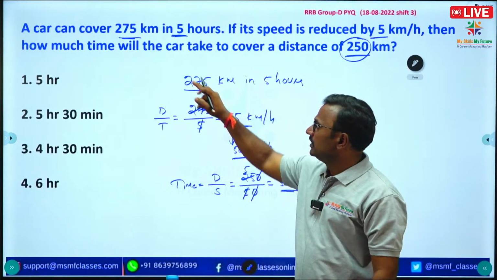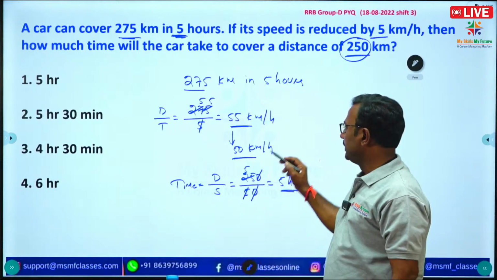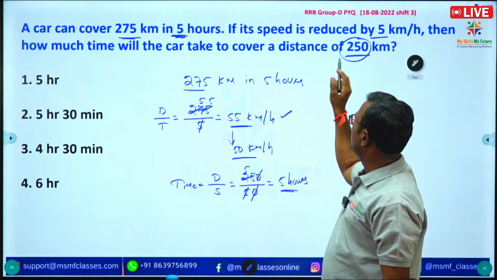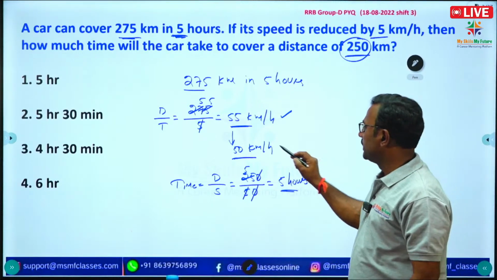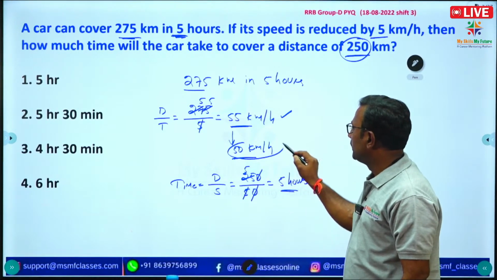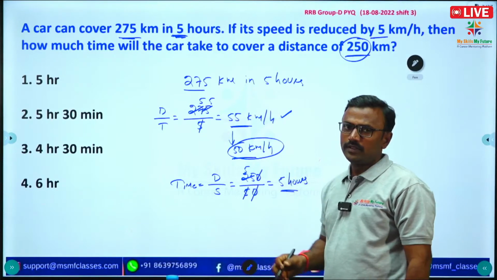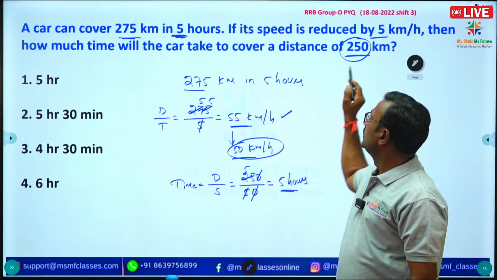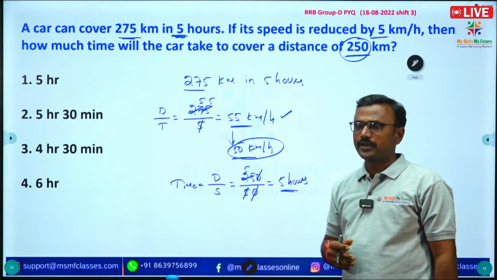So they gave a distance and time, and we find the speed. After that they gave the information that the speed is reduced by 5 kilometers per hour, so the new speed is 50 kilometers per hour. We need to find how much time it will take to cover 250 kilometers after reducing 5 kilometers per hour.